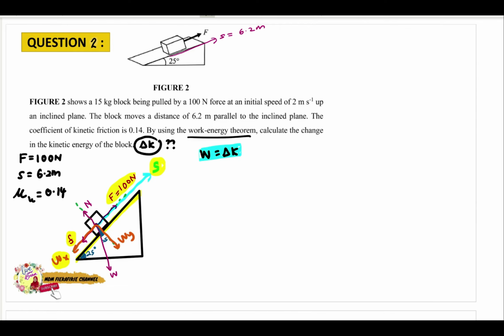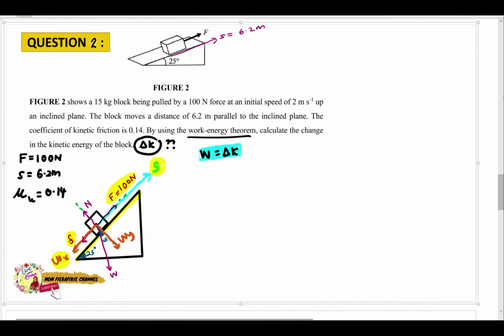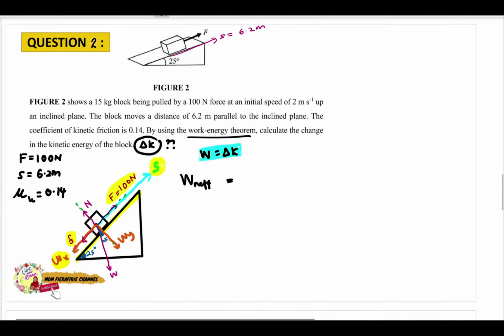So maknanya dia on the same surface, on the same X axis. Now W net is equal to, kita ada 3 tadi kan: external force F, friction, and also WX. So the work done by the external force on the system plus W friction, the work done to go against the frictional force.